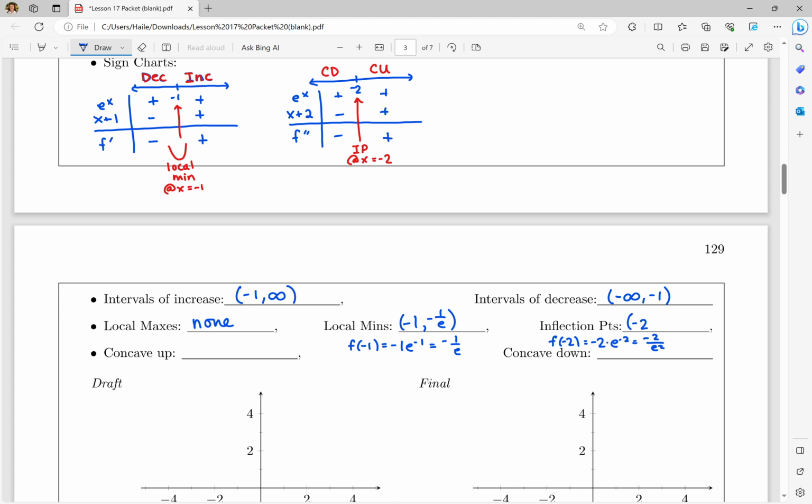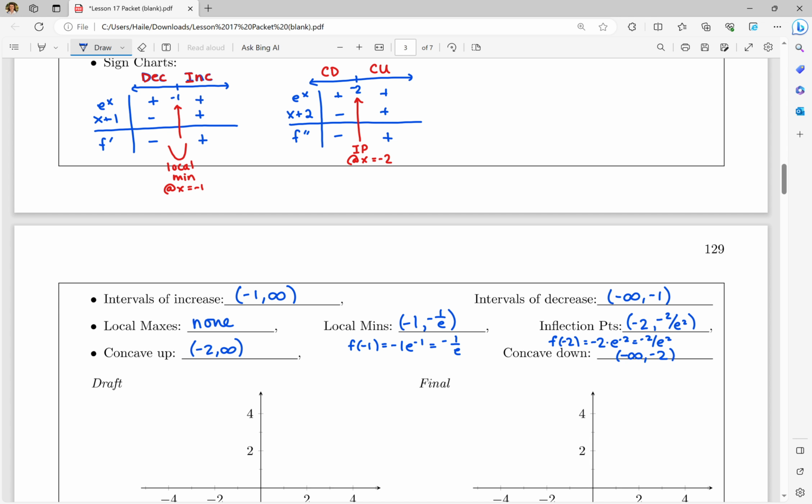Hang on, let me rewrite this. So negative 2 over e squared. So that's my inflection point. Concave up, again, comes from our sign chart, so that's negative 2 to infinity. Concave down is negative infinity to negative 2.